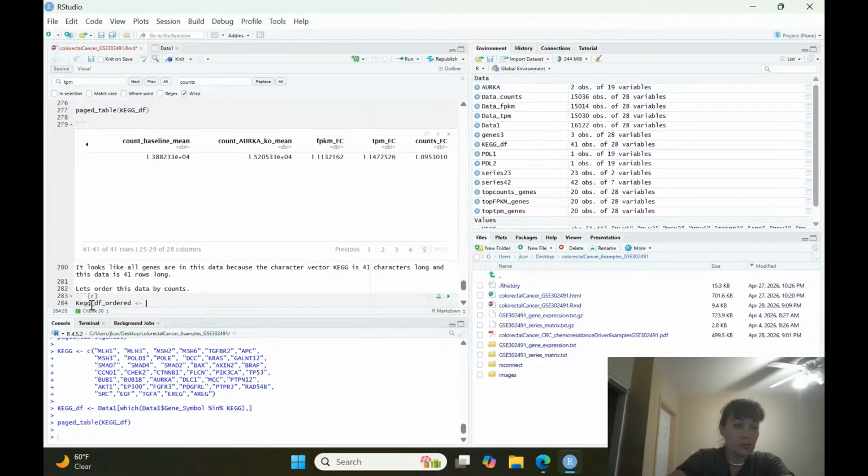Let's make it all caps too, just so it stays the same, KEGG. Order KEGG_DF by counts, decreasing equals true.